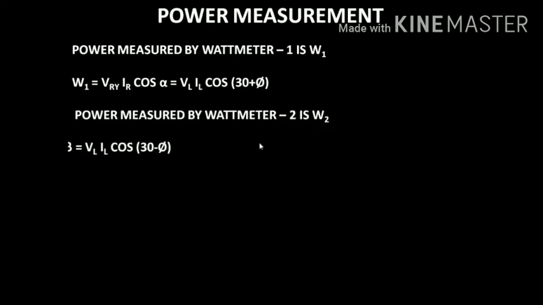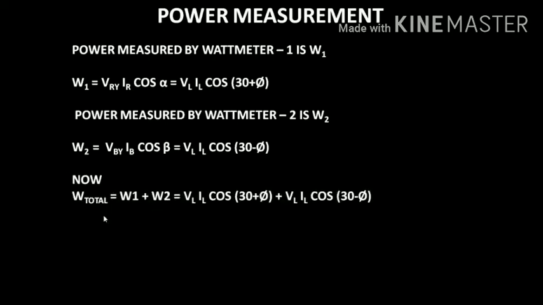Similarly, for wattmeter 2, W2 is the power which can be written as VI cos theta, that is VBY into IB into cosine of beta, that is VL into IL into cos beta. Instead of beta, we can write here 30 minus phi.